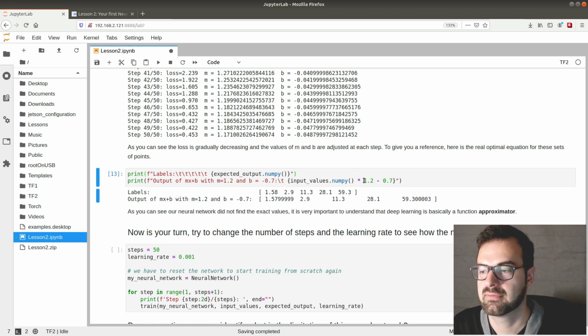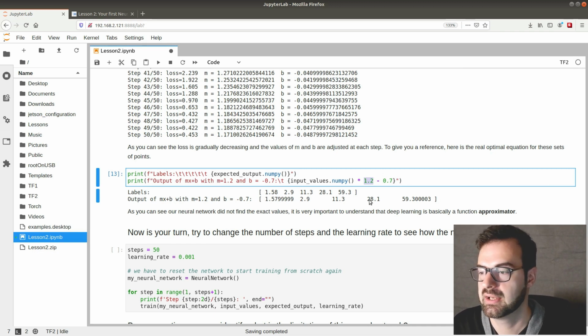For the outputs, I multiplied the inputs by 1.2, and then I subtracted 0.7. And as you can see, it leaves a little bit of error, which is due to approximation. If it were really matching, the error would be 0. But it's not exactly what our network has found, as you can see.